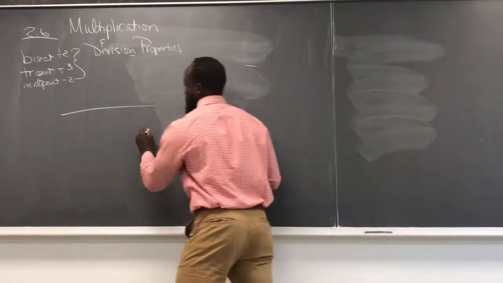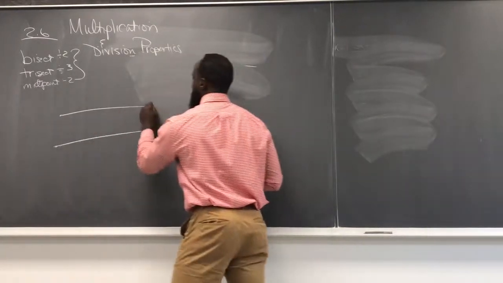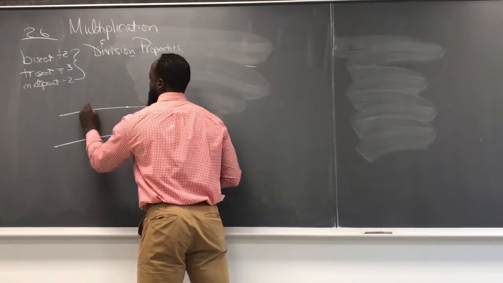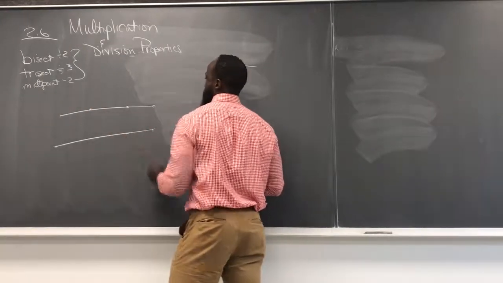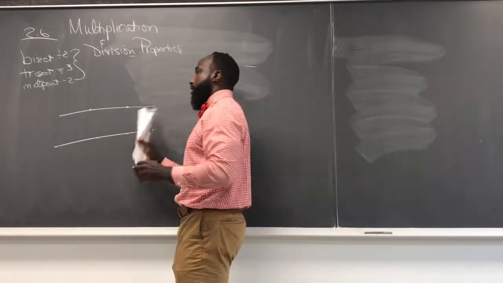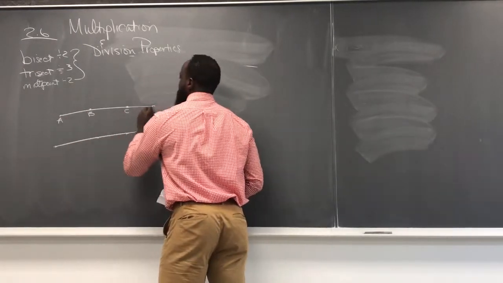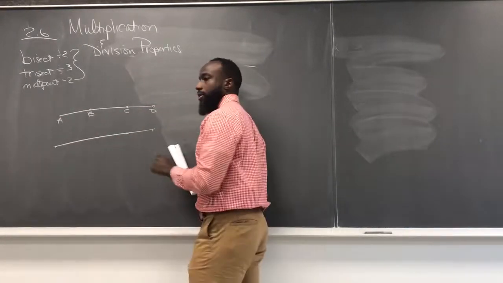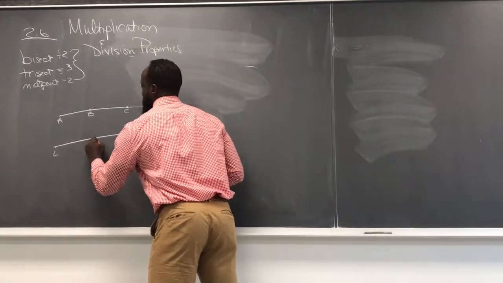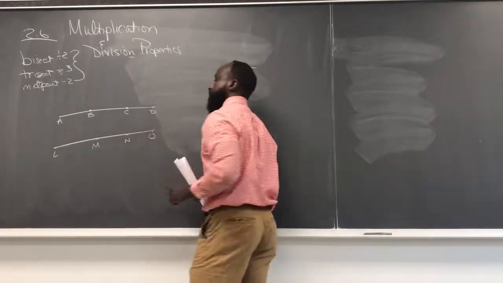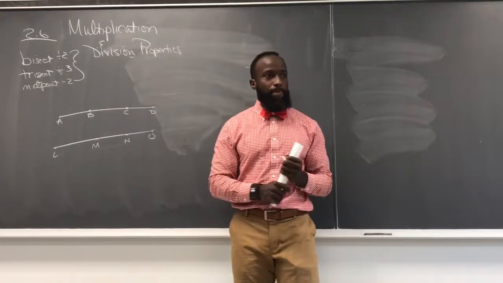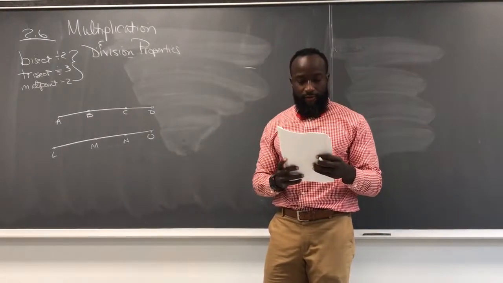So we got two segments. All right, so give me some letters. I need 4 letters. A, B, C, D. Whatever. Give me 4 letters. I-A-N-K. L-M-N-O. All right, L-M-N-O. This is the given information.